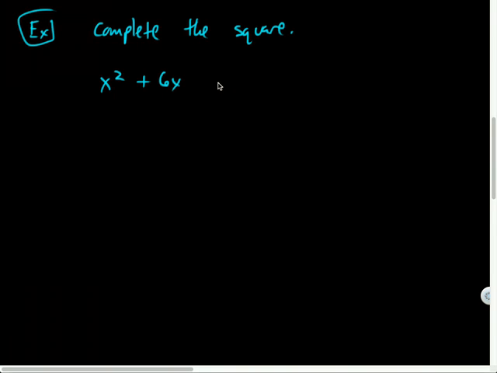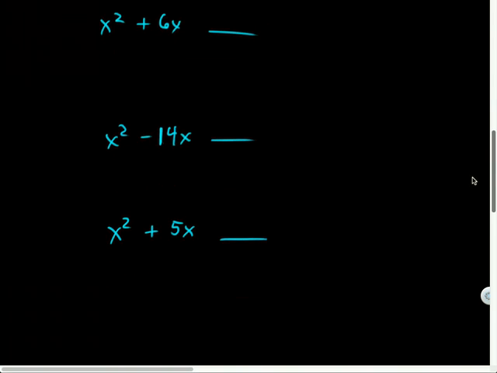What if I have x squared minus 14x blank? What if I have x squared plus 5x? Interesting. And last one, we'll have x squared minus a half x.